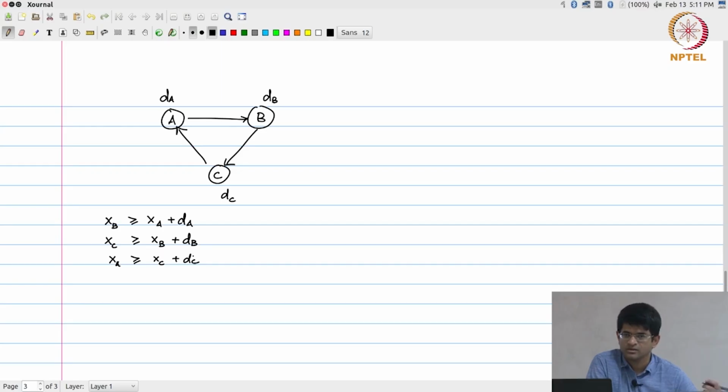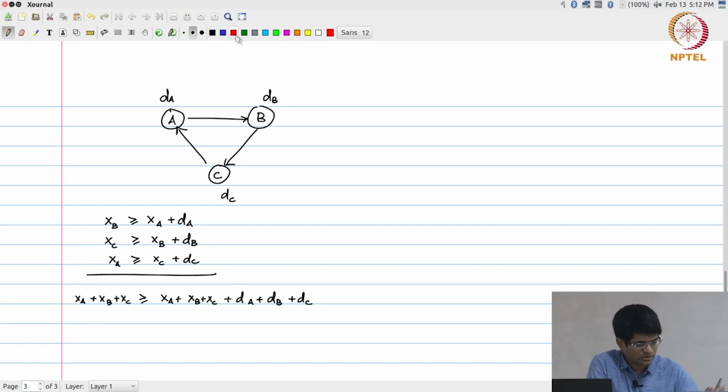Is this possible? Is there a problem here, and if so, what is it? How can we show that there is a problem with this setup? The simplest way that I can think of is just to add the constraints.